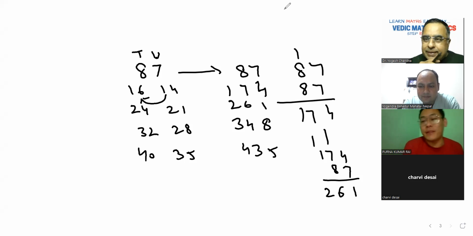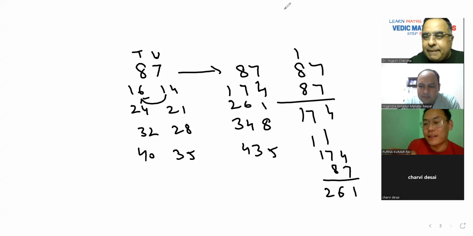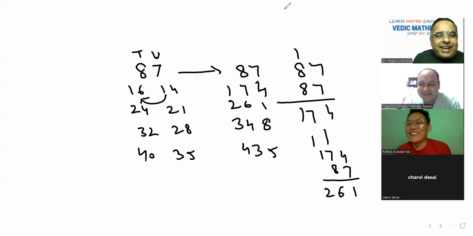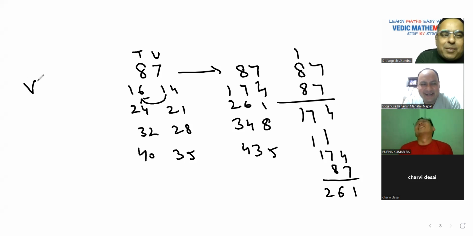Like you have done the table of 8 and 7. The student must know the table of 8 as well as 7. Then only they are able to get the table of 87. What is the minimum qualification for Vedic maths? Tables up till 8.